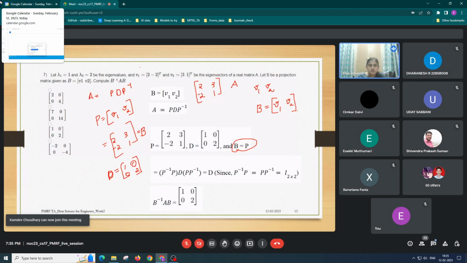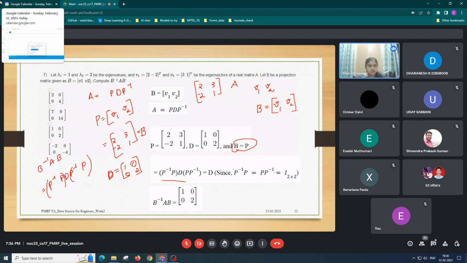So B inverse AB is P inverse, A is P D P inverse, and B is P. So you can see that it is equal to D. So B inverse AB is equal to D. So this is that question.